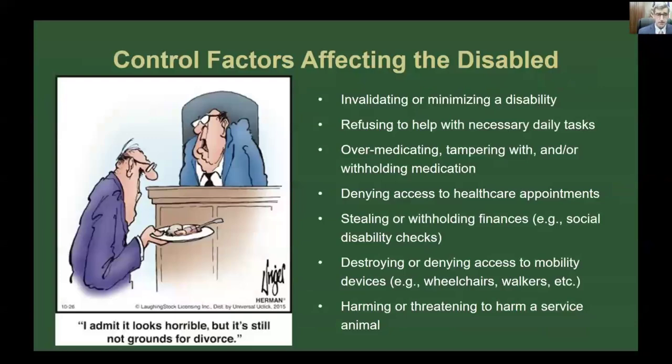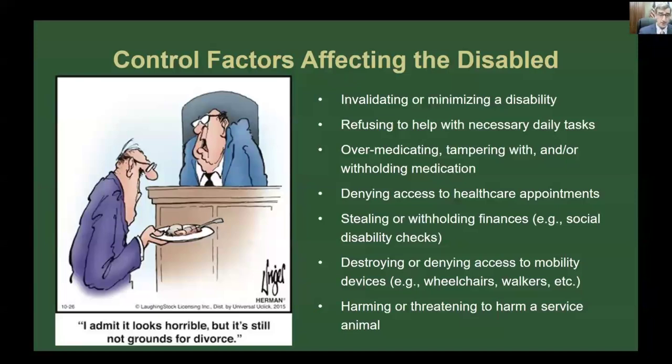Control factors affecting the disabled. Here, many times the abuser will invalidate or minimize their disability. Sometimes they will not meet their needs for the day, so they'll refuse to allow them personal hygiene, not shower them, bathe them, or clean them after going to the restroom.